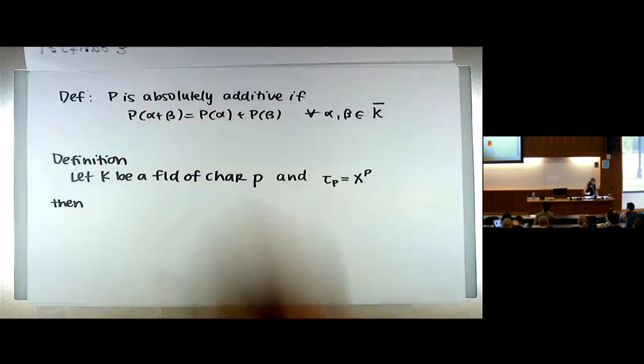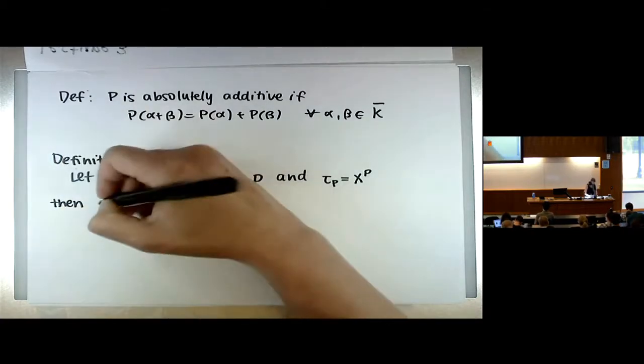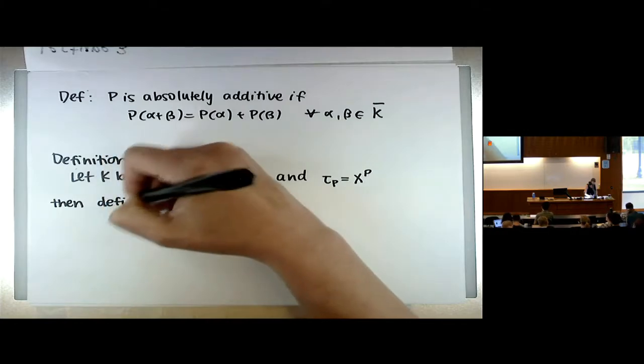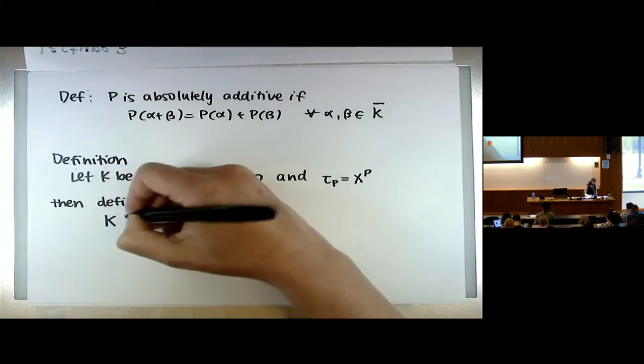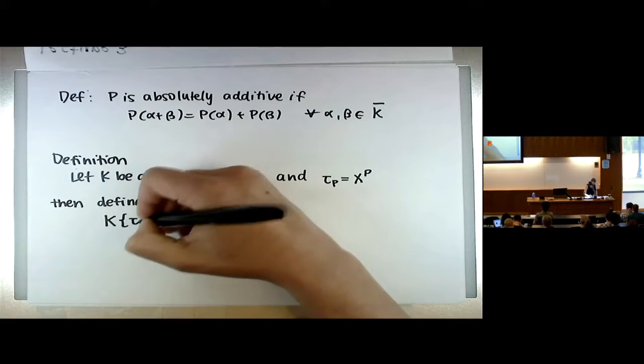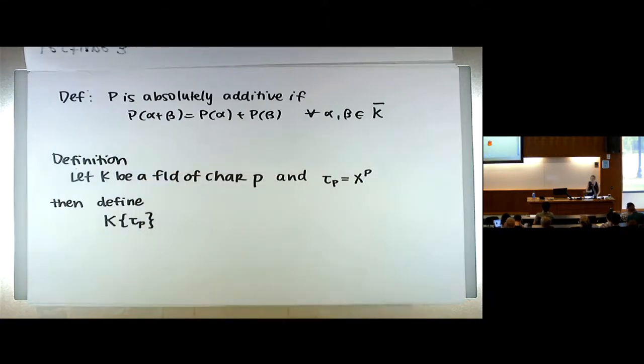Then I'm going to define this thing. So it's like K brackets T, except I use curly brackets, and the curly brackets is because that's not going to be commutative.